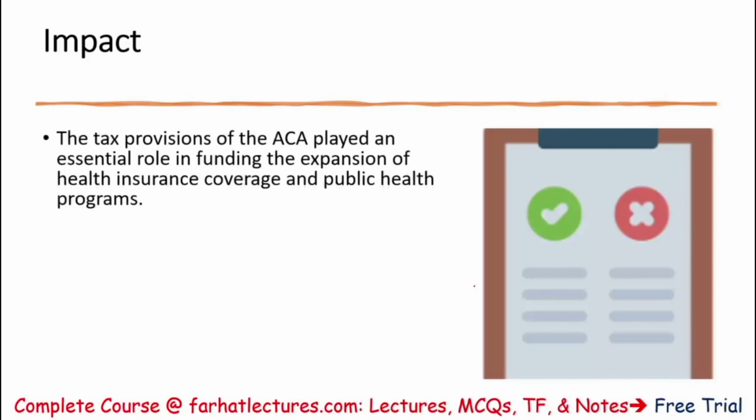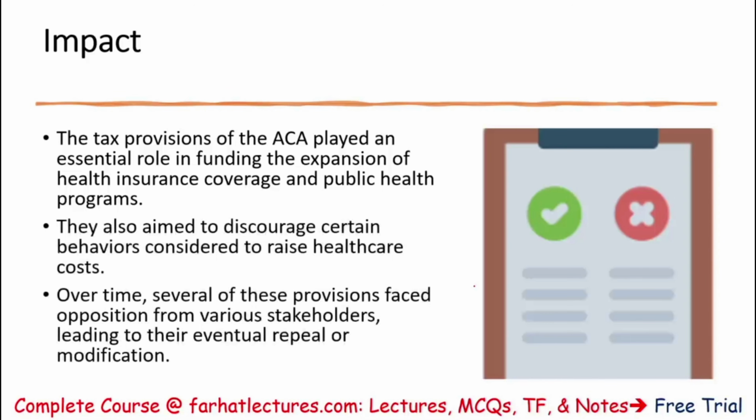Impact, it's played an essential role, this act, in funding the expansion of the healthcare coverage and the public health program. It also aimed at discouraging certain behavior that raise healthcare costs, smoking and other activities. Over time, several of these provisions faced opposition, especially during President Trump, and they were eventually modified or repealed.